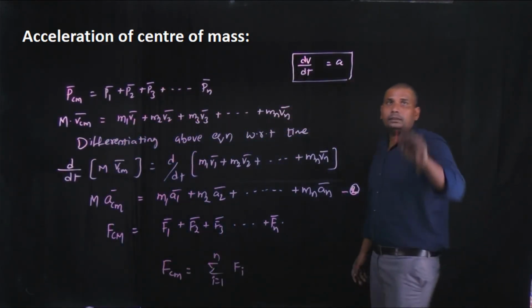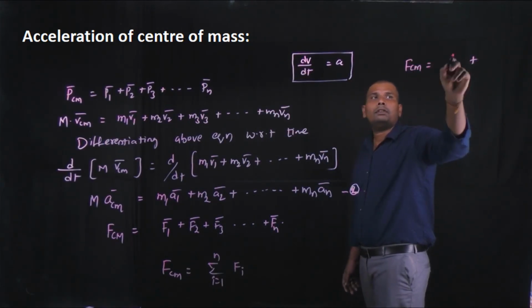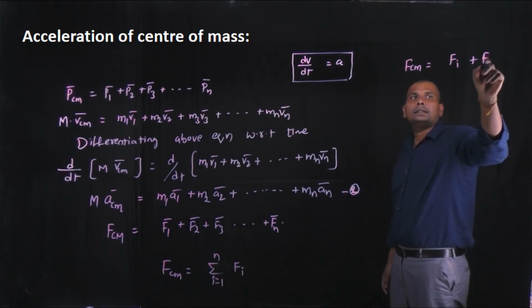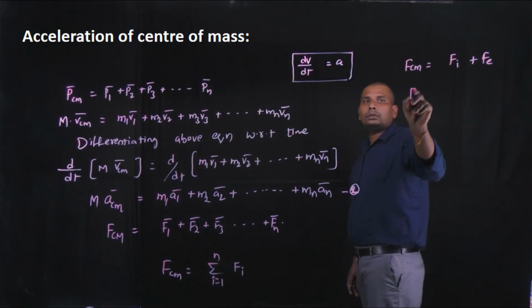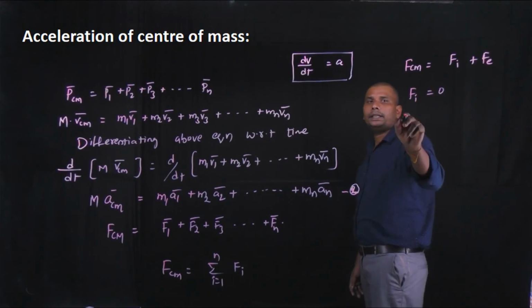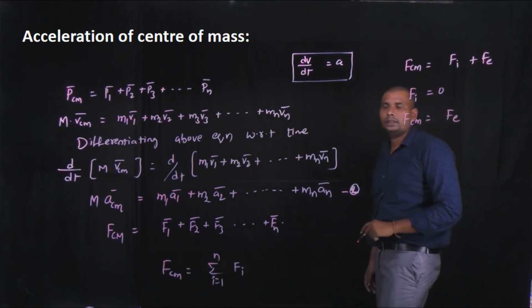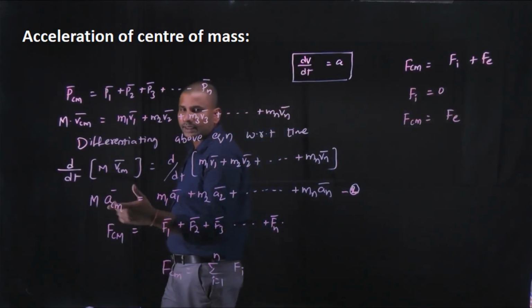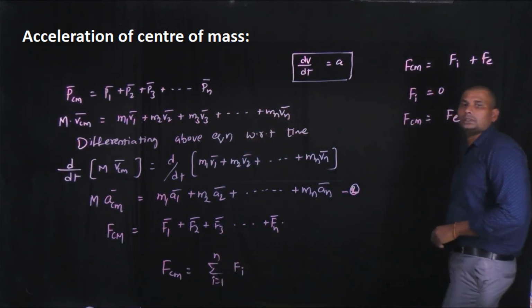It is nothing but FCM is equal to the sum of forces due to internal particles and external force. Now, the force due to internal particles of a system is equal to 0. Simply, FCM is equal to Fe. Here, if any system has acceleration, then it is only due to the external force.